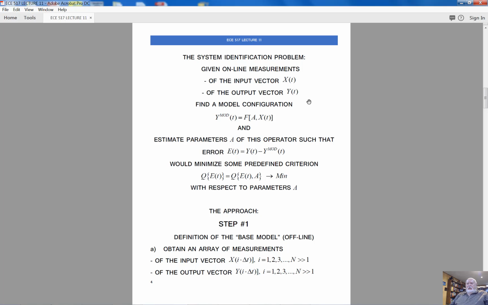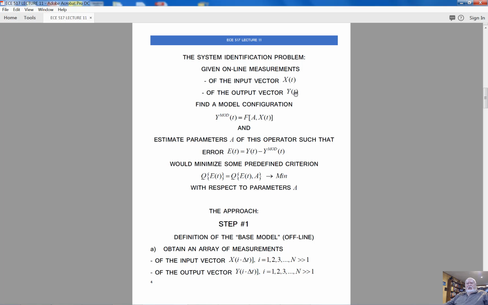And then we have to utilize our best knowledge of the physical phenomena behind the process operation, and we have to suggest a configuration for a mathematical model of this process. So this model could be defined as an output variable, but don't be confused. It is the output variable of the model.